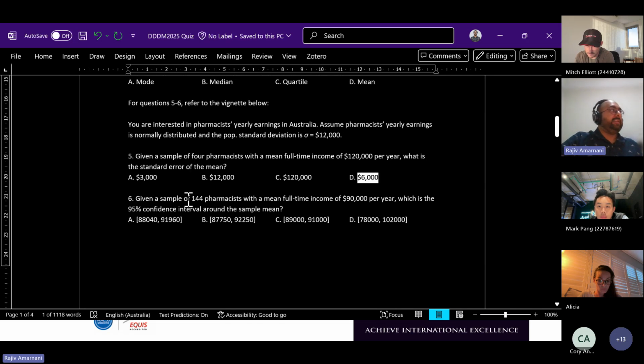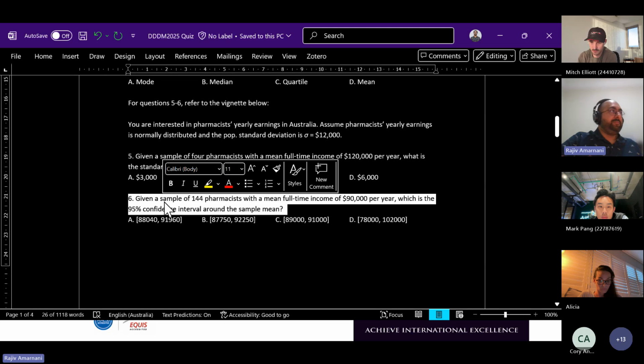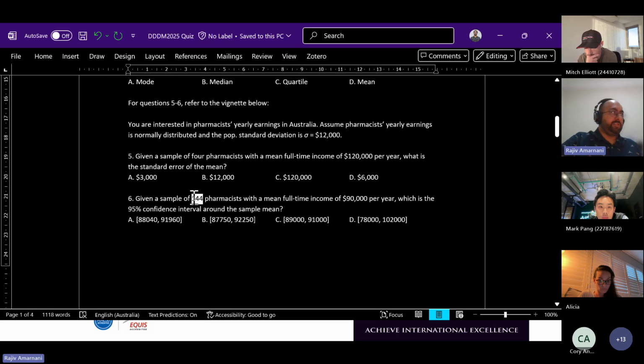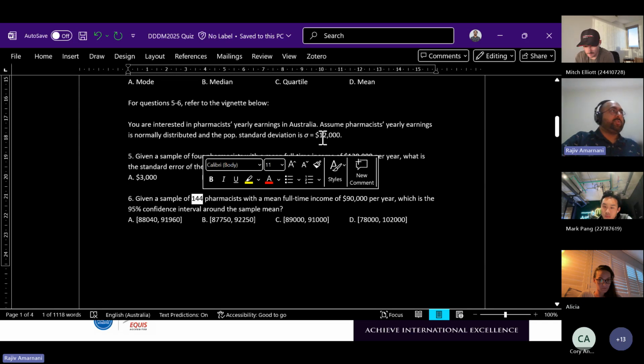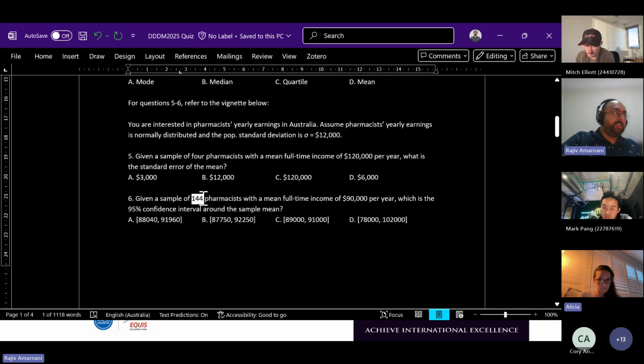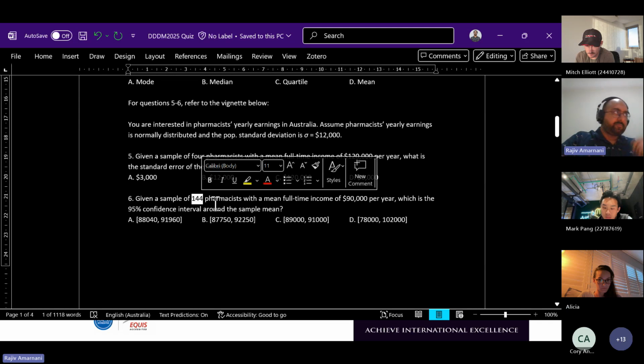Okay, and then for this question, now we have a sample of 144. Let's form the 95% confidence interval. So again, we apply the formula, right? Standard deviation divided by square root of the sample size. So that's 12,000 divided by 12, which is 1,000.